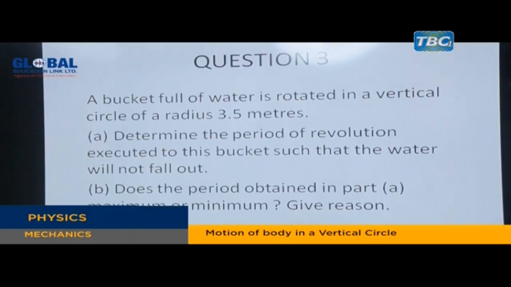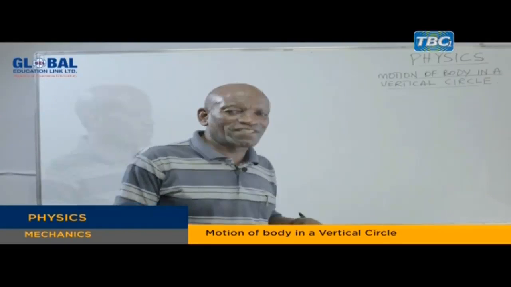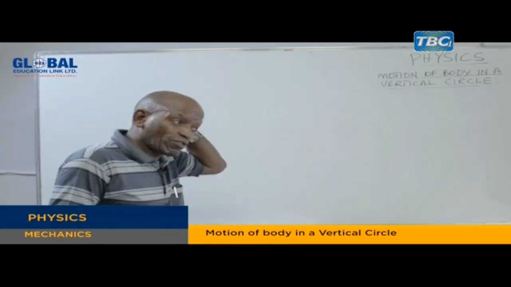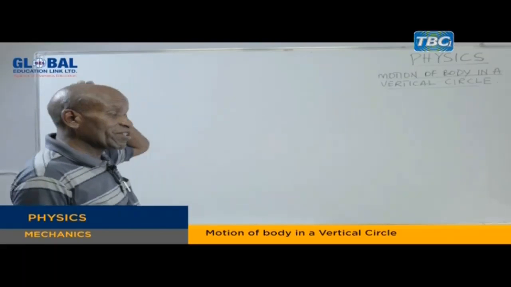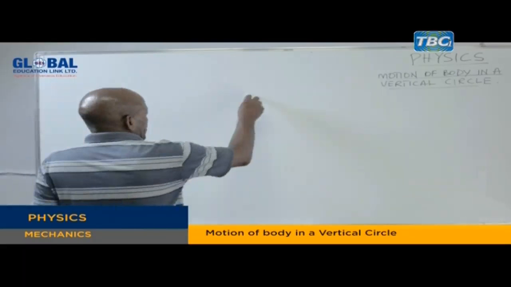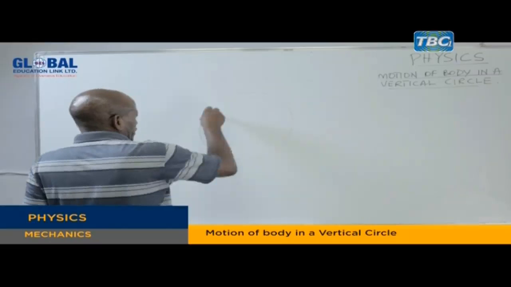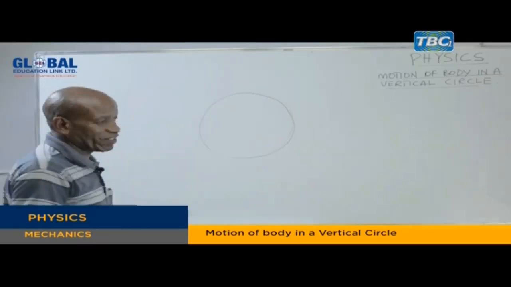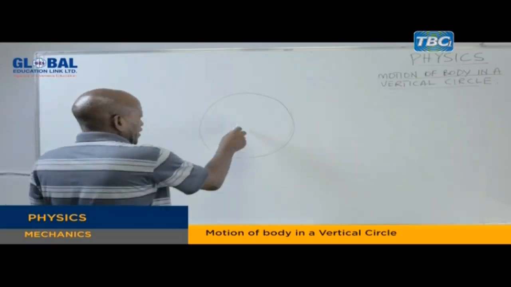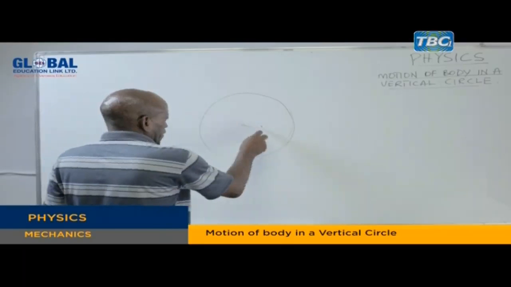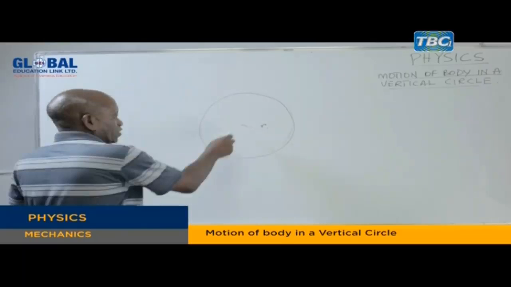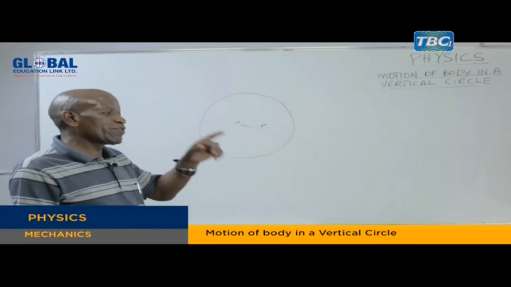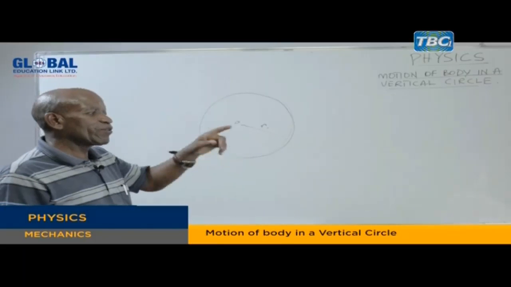You might fail to start somewhere, but I could give you something you need to understand. If that is the bucket which is moved in a vertical circle of radius r from the center, you need to determine the period of revolution executed by this bucket such that the water will not fall out.